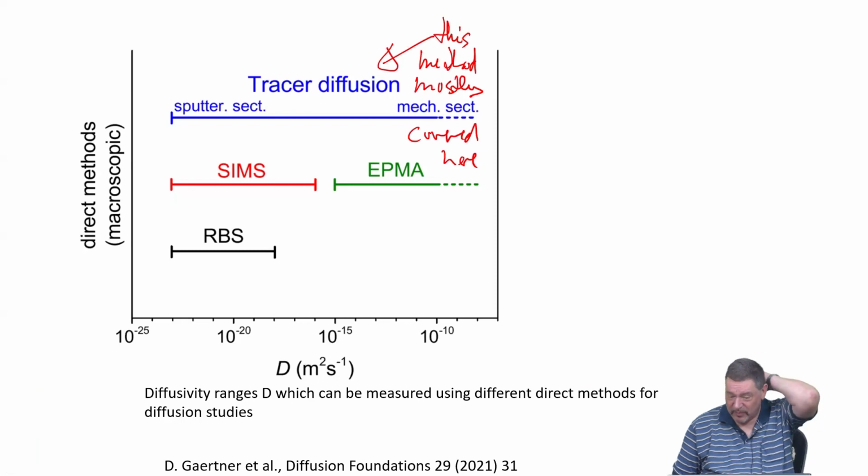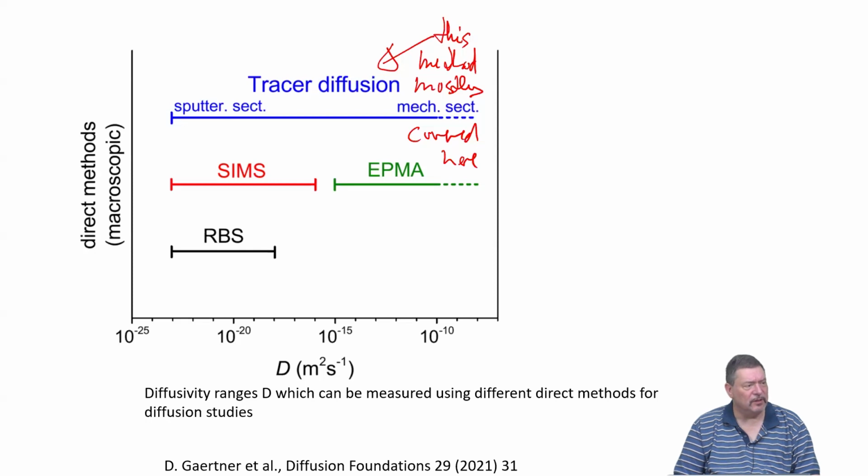And that's because you can see that this method has the beauty that we can cover a huge range of diffusion coefficients. So we can measure diffusion coefficients as low as maybe 10 to the minus 23 and as high as maybe 10 to the minus 8 square meters per second. No other method can cover such a wide range.